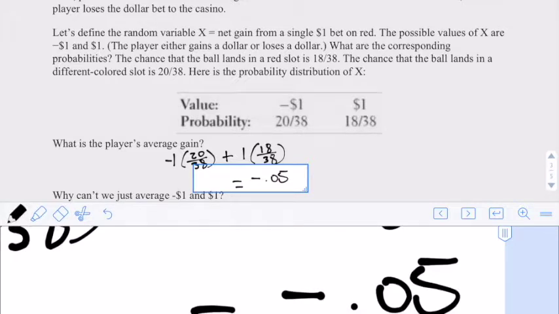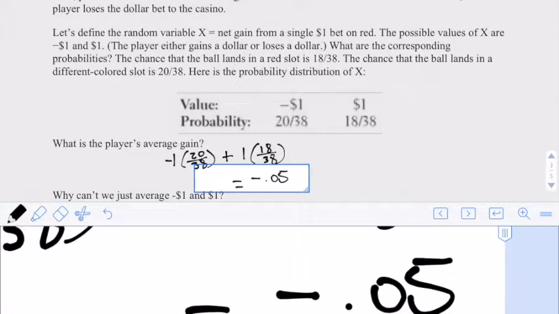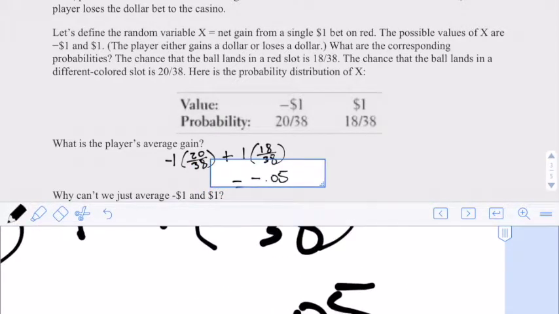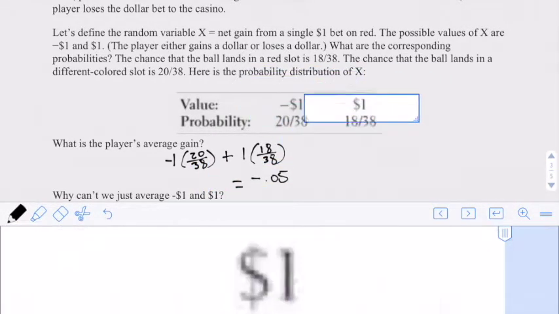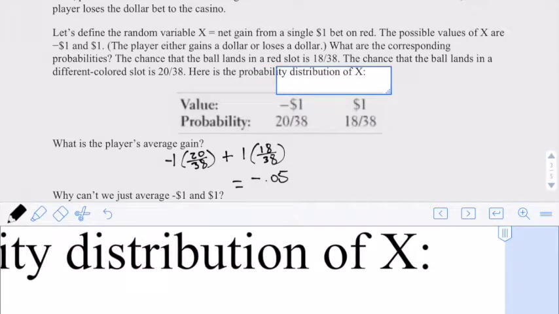So this gave us a negative 0.05. So on average, you're going to lose 5 cents-ish, I rounded, every time you spin this wheel. That would be after you play this game a lot.